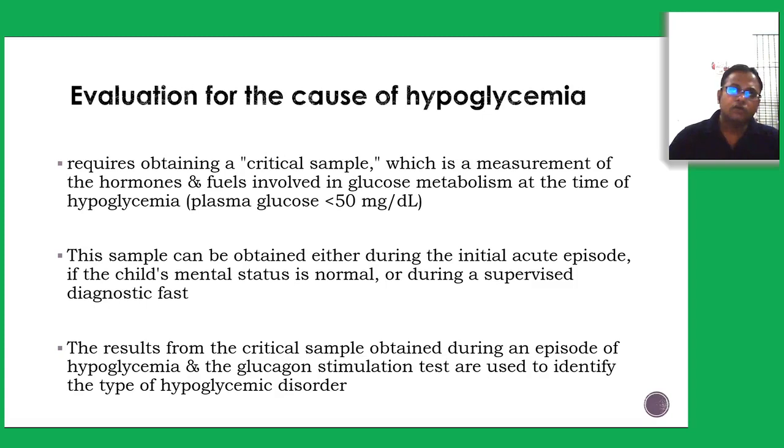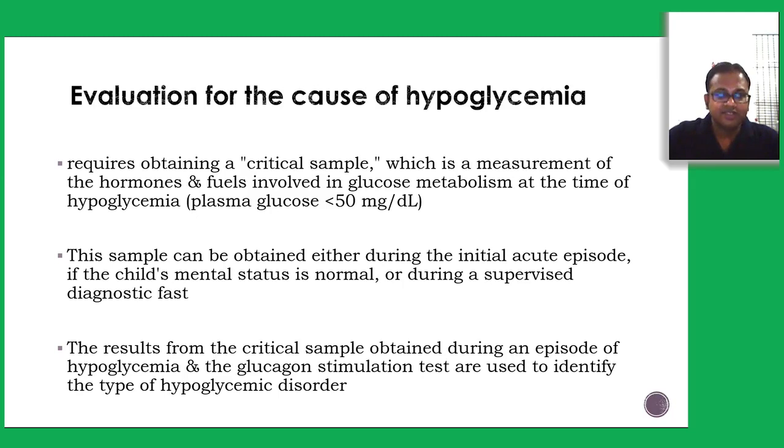So how do we evaluate these children when they present with hypoglycemia? It involves obtaining a critical sample. At the time of hypoglycemia, we have to check the hormone levels and other fuels involved in glucose metabolism. So it's very important.